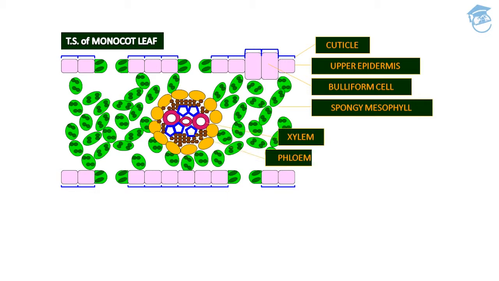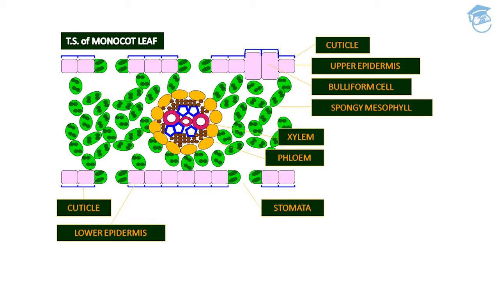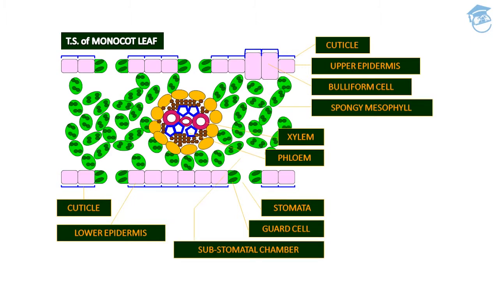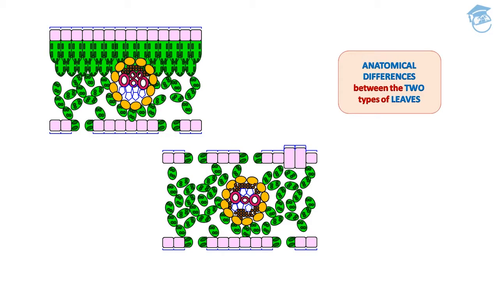This is xylem, this is phloem, and this is the lower epidermis, and this is cuticle, and this is stomata, and these are the guard cells, and this entire part is called as substomatal aperture, or chamber.